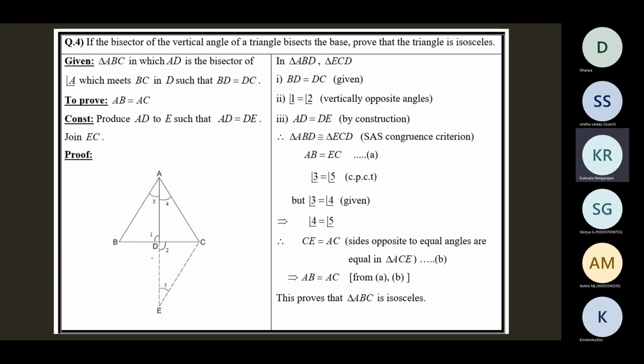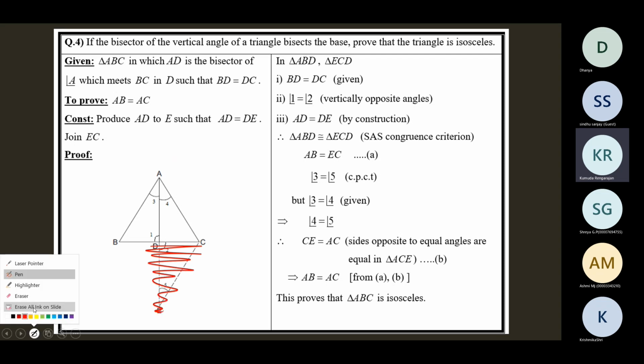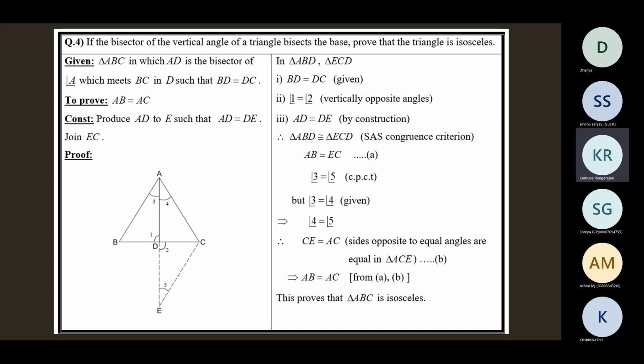This was actually not there earlier. Now the construction is you must produce AD to a point E. You must produce this line segment AD to a point E such that AD is equal to DE. That means if AD is 5 centimeters, pull it down to a length of 5 centimeters.